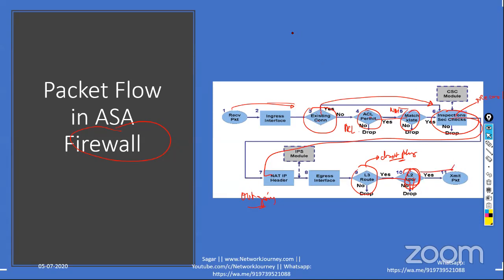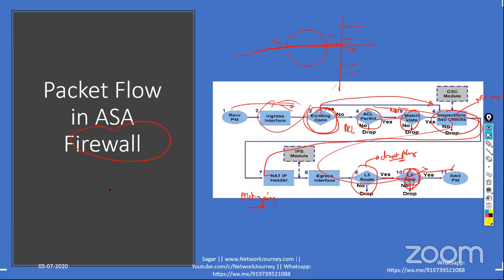So in the case of the ASA firewall, these are different steps that we follow. If traffic is flowing across from incoming to outgoing, these are the steps. We have incoming traffic, which first checks if the connection is already present or this is a first-time initiated connection, and on that basis you have the flow chart.